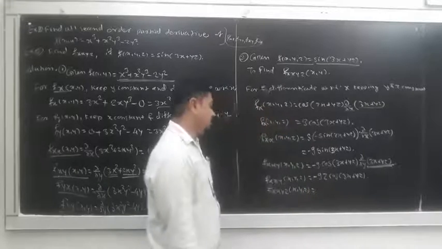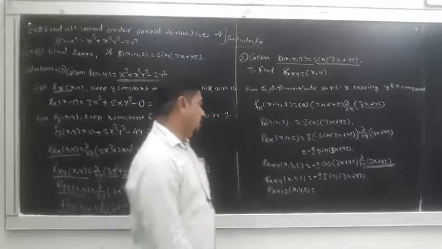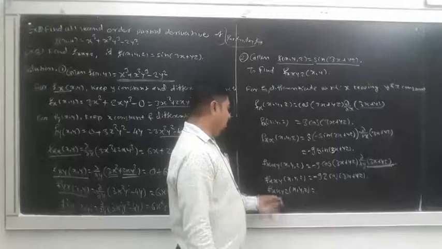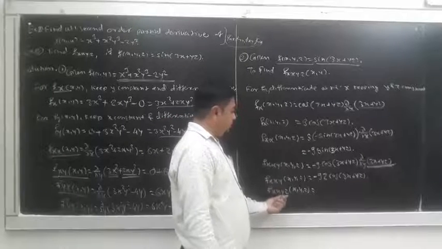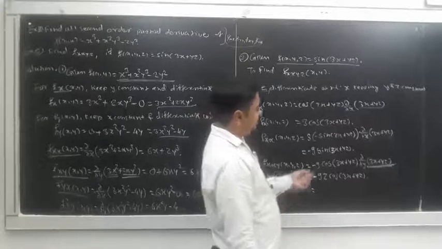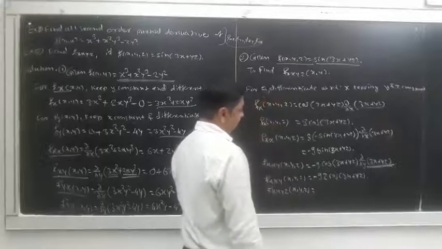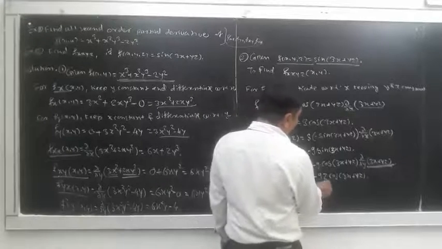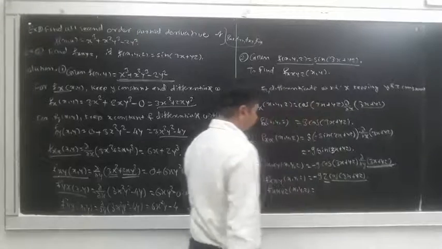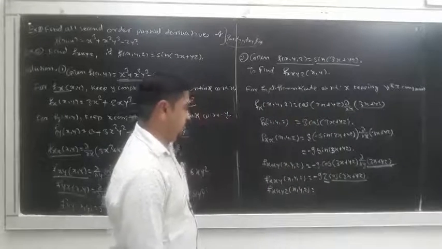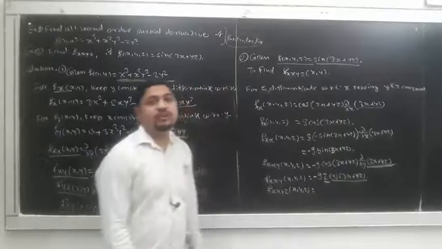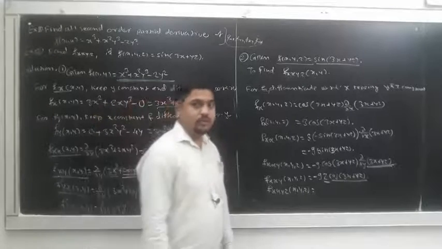We have to find fxxyz at (x, y, z). So now we have to differentiate this with respect to z, keeping x and y constant. Now x and y are constant. So if you see this function, there are two functions, so you have to use the product rule. Okay.